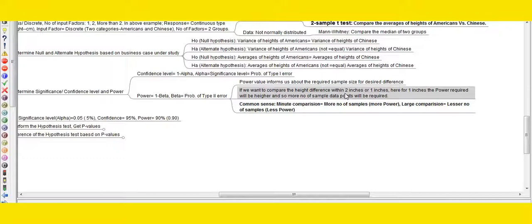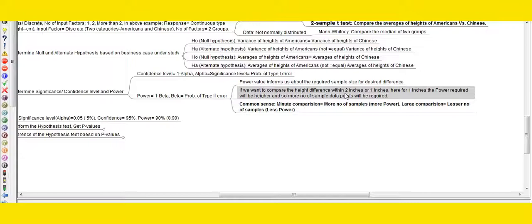So there is a difference of 2 inches. In another case, let's assume that Chinese men are 71 inches and American men are 72 inches. So in the first case the difference was 2 inches and in the next case the difference is 1 inch.